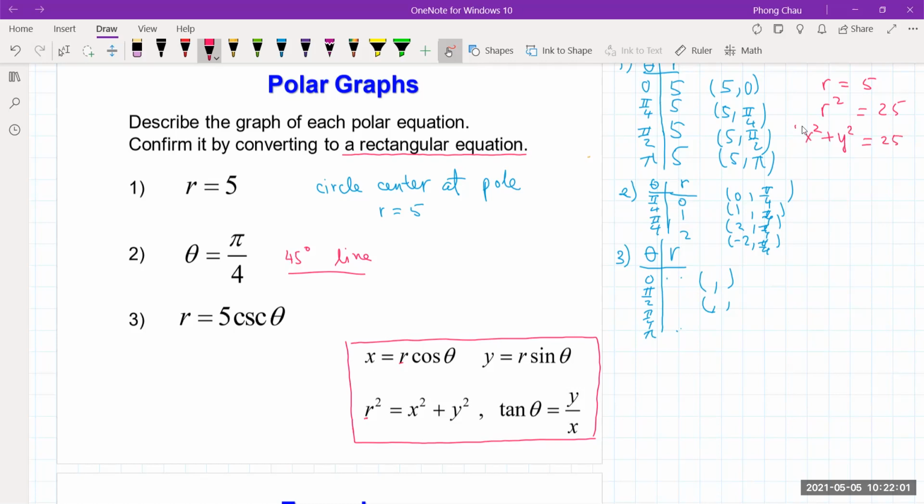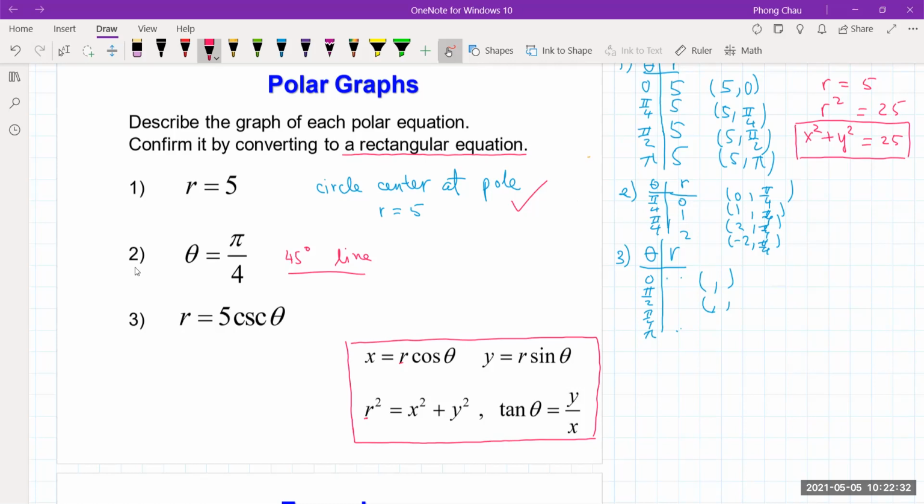And you see now I've obtained a new equation, and this equation contains x and y only. This is the rectangular equation. Now from here, can you tell what the graph looks like? Yes, right? This is the standard form of the equation of a circle, centered at 0, 0, and radius squared, so r is 5, which is what we got here.